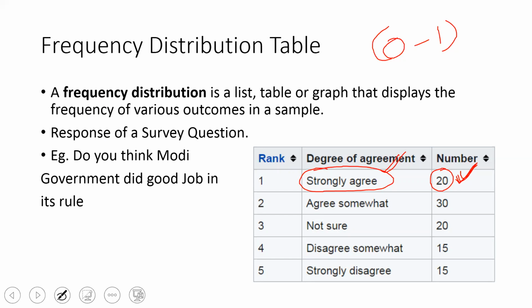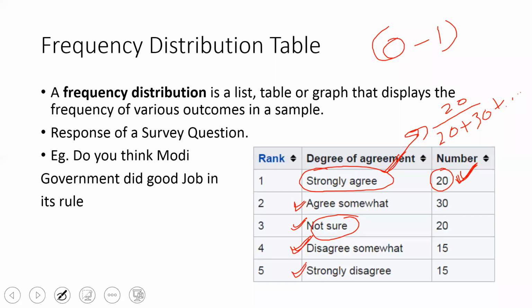If I want to find the probability of strongly agree, I will do 20 divided by the sum of all these numbers: 20 plus 30 plus 20 and so on. I'll be adding all these numbers. In the same way, I will calculate the probability for all other outcomes that I have got.